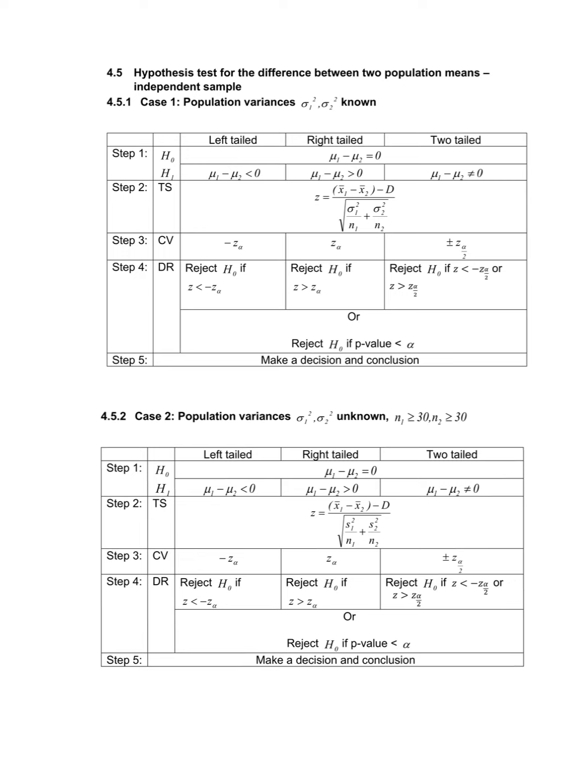Same goes to case number 2, but case number 2 is for population variance unknown, both sample sizes are large, n1 and n2 greater than 30.